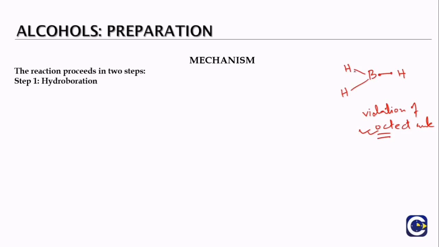It has 1, 2, 3, 4, 5, and 6 electrons in its valence shell, in these molecular bonding orbitals. So it's happy with these 6 electrons only. If any fourth bond comes, it becomes very unstable.